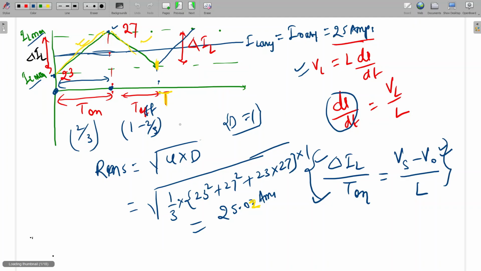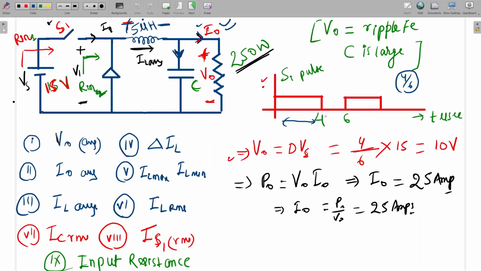Sir, in the question, the switch is only on for 4 seconds. Yes, it is on for 4 seconds, off for the remaining duration. So one cycle is 6 microseconds. From here to here 6. From here to here 4. So it is off for 2 microsecond duration. Okay.